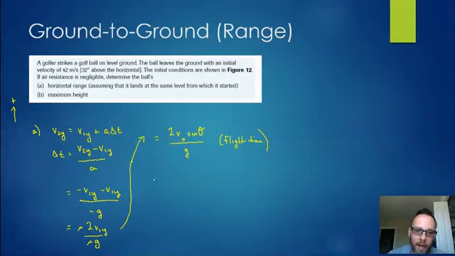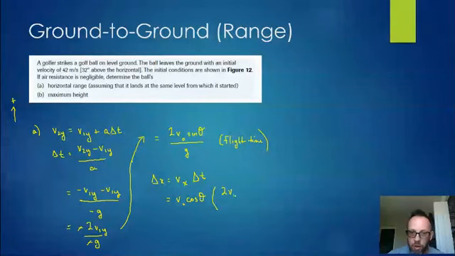Now that we've done that, we can find the horizontal range, because the horizontal range is the horizontal speed times the time that it's in the air. Horizontal speed is v naught times cos theta. We just found an expression for delta t: 2 times v naught times sine theta all over g.